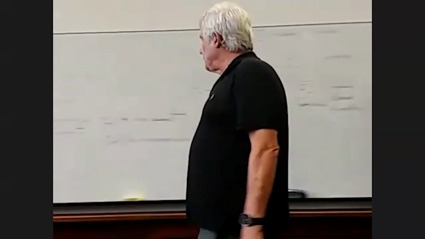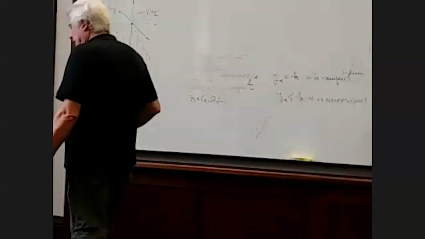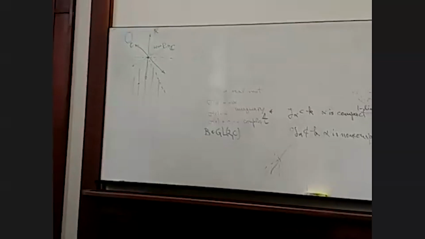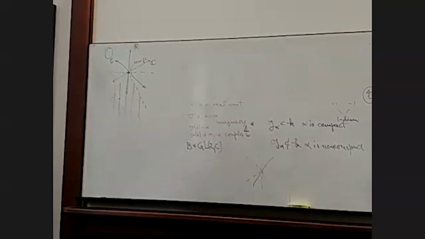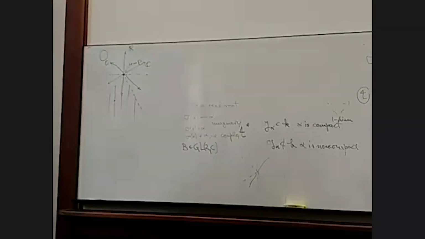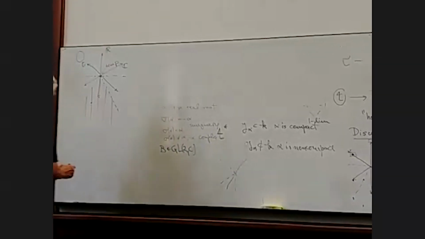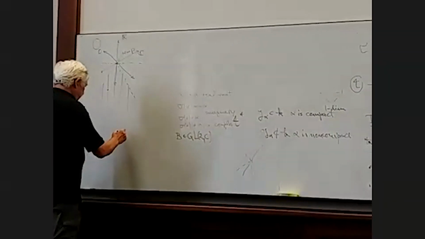Okay, so now there is the last case, because these two orbits are dual, Q plus and Q minus. So let me draw the picture.